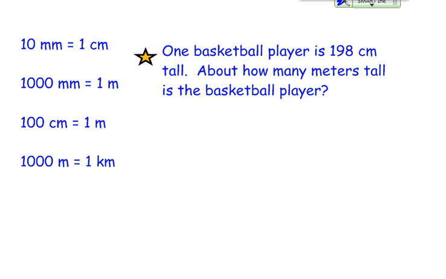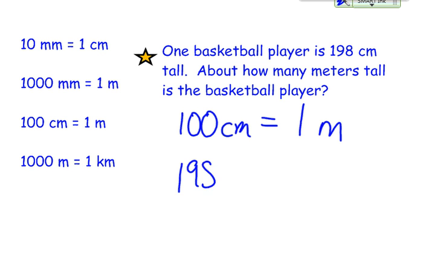And so now we want to kind of look at this idea. It says one basketball player is 198 centimeters tall. About how many meters tall is the basketball player? Since we know that 100 centimeters equals 1 meter, and we see that 198 is our number, since it says about, we can estimate.